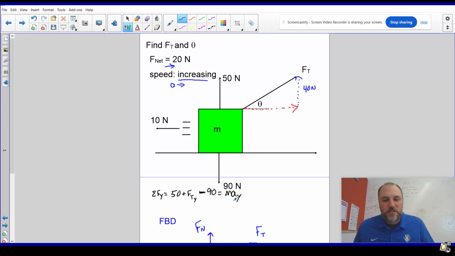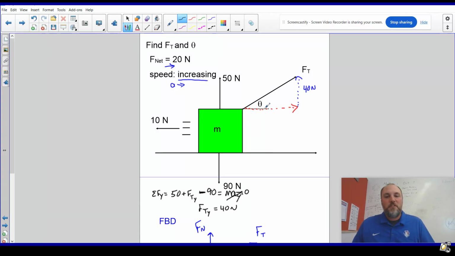Since this object is not accelerating vertically, we set that equal to 0. If I needed to prove that the tension component was 40 newtons, I would move the 90 over and then subtract 50. So the vertical component of the tension is 40 newtons.